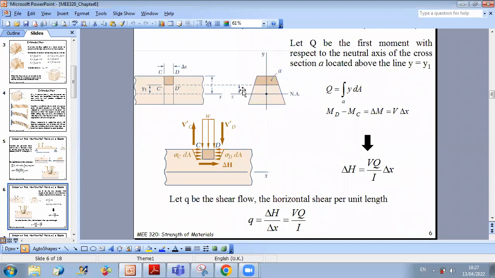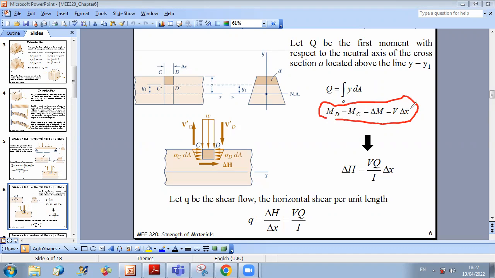So if I go back to my analysis, I have that M_D minus M_C, which is affecting delta H, is equal to delta M, which equals V delta x, because we know that shear is related to moments through this equation. And this is the basic equation used in the area method, that the variation of M is equal to the area under the shear curve.